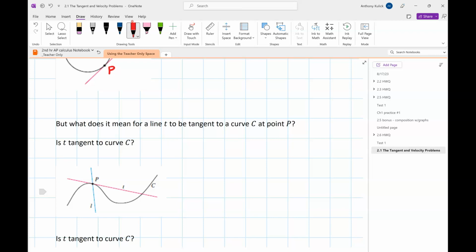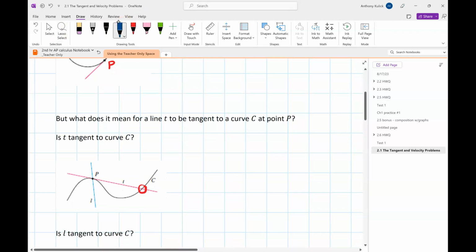What do we think? We see that line T is certainly intersecting the curve at one place, but also at another location. Does that matter? Is it stopping it from being a tangent? Now let's contrast that with line L. Line L only intersects the curve C at one location, but that doesn't really match what we think of when we think of a tangent.